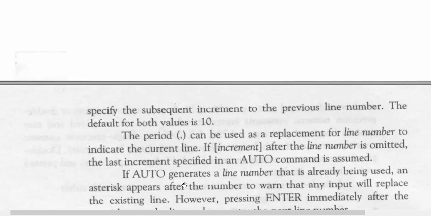If AUTO generates a line number that is already being used, an asterisk appears after the number to warn that any input will replace the existing line.